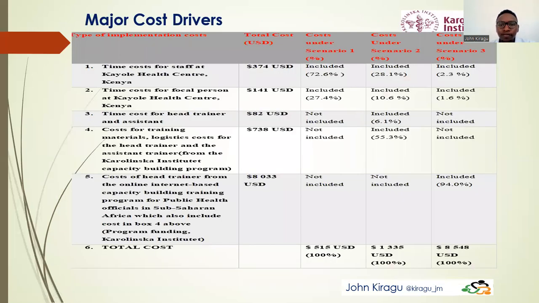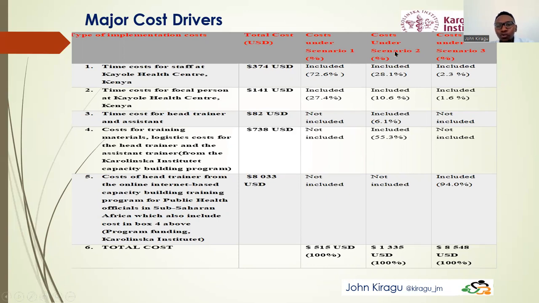The major cost drivers for the quality improvement project have been summarized under each scenario. Scenario 1 is in column 3, showing that staff time cost was the major cost driver from the health facility perspective.